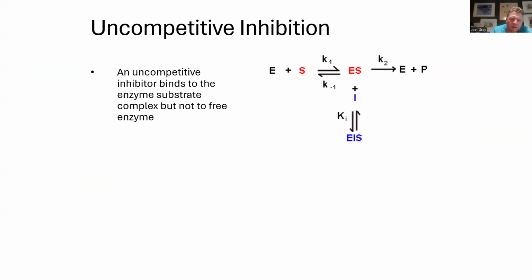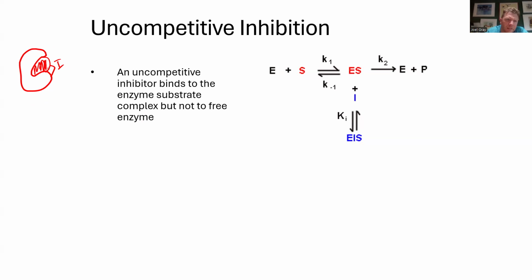The way that I always visualize this is I've got my enzyme and here's my substrate. And then this cleft right here is where my inhibitor is going to bind. That inhibitor is going to bind only when the enzyme and the substrate are interacting with one another.